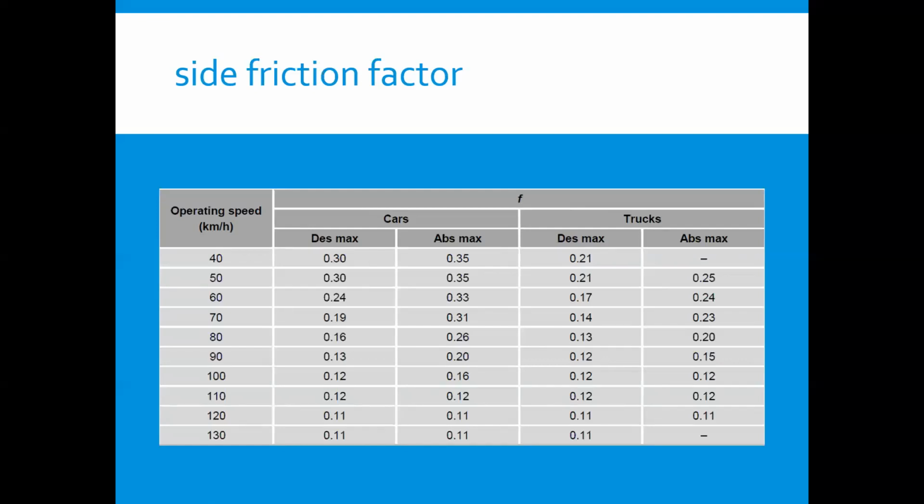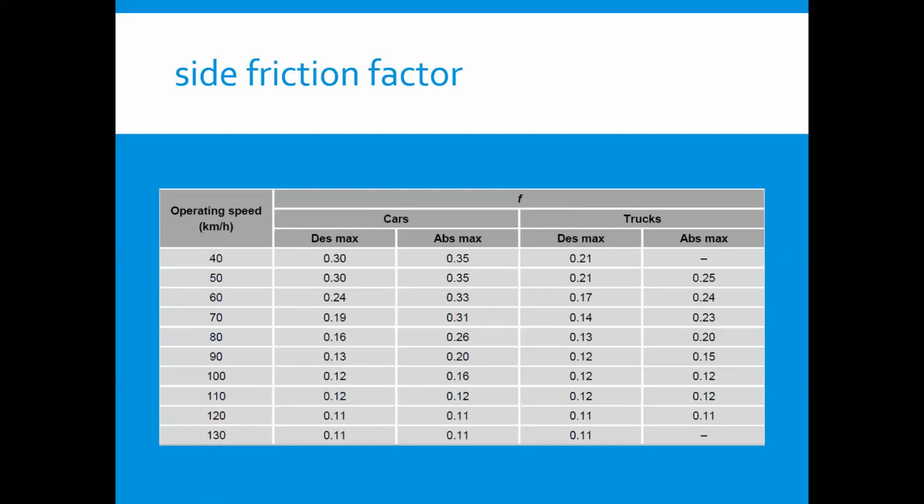These values are shown in the table as desirable maximum values of the side friction factor. The speed on horizontal curves at which discomfort due to the centrifugal force is evident to the driver can be accepted as a design control. The amount of side friction required in this situation is considered the absolute maximum value.